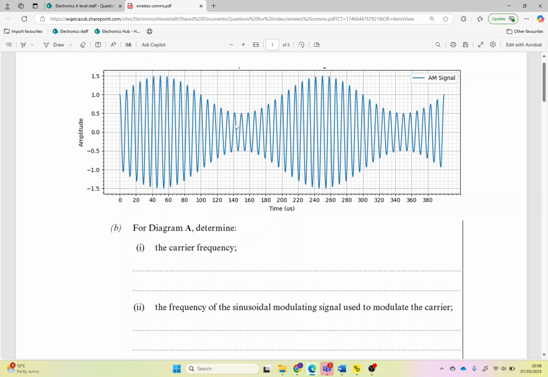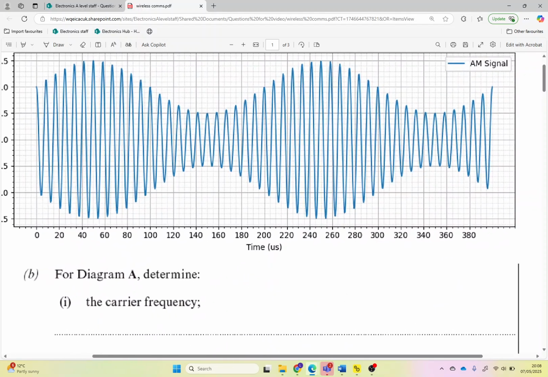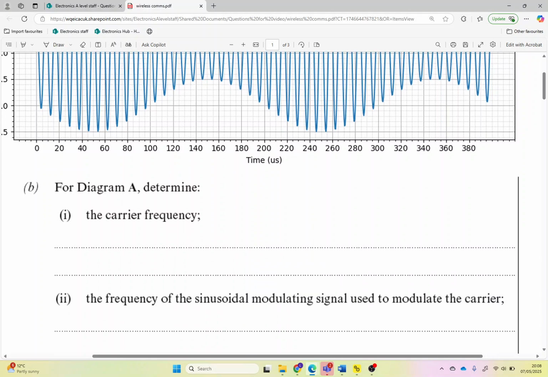It doesn't matter which point you take, whether from this point to this point, or in the case of this point to this point. So I'll zoom in a little bit for you. In this case, I can see that this point is on 50, and this same point is on 250.